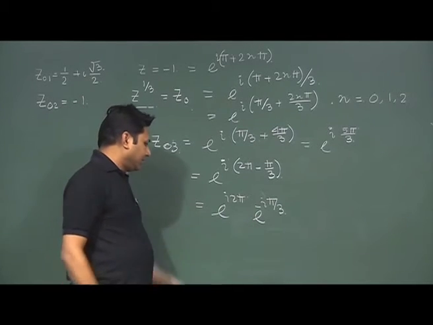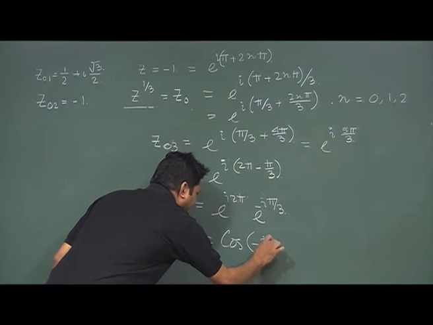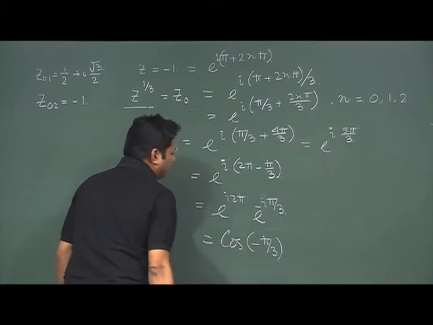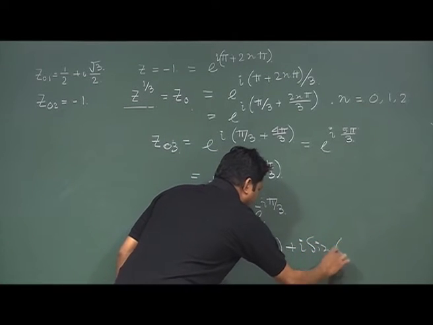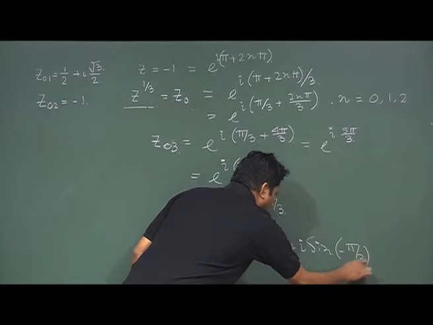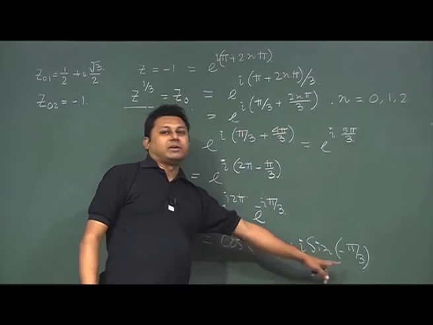That means it will be cos of minus pi by 3 plus i sin minus pi by 3. You can write it in this way, or write cos pi by 3 minus i sin pi by 3.